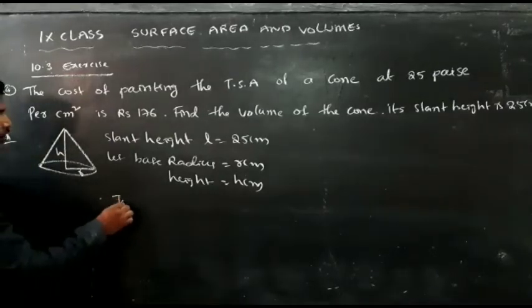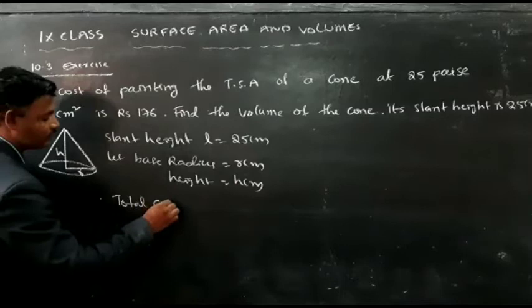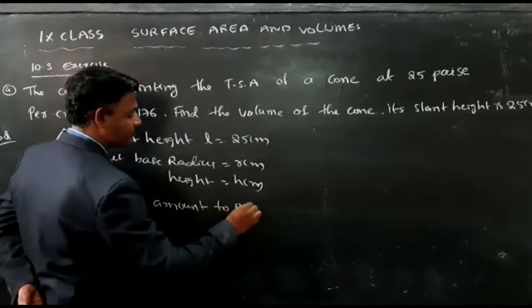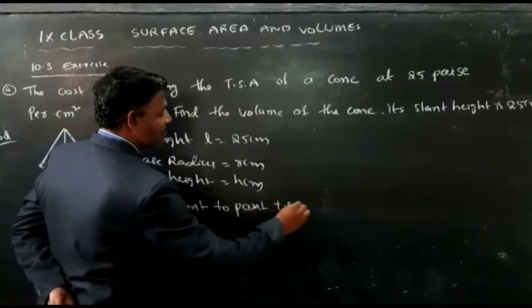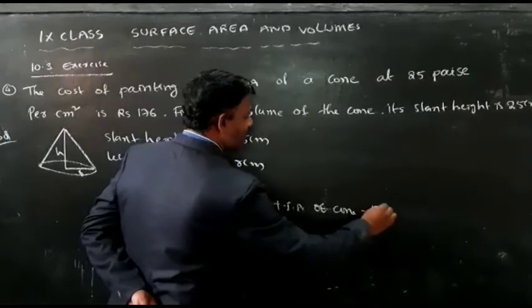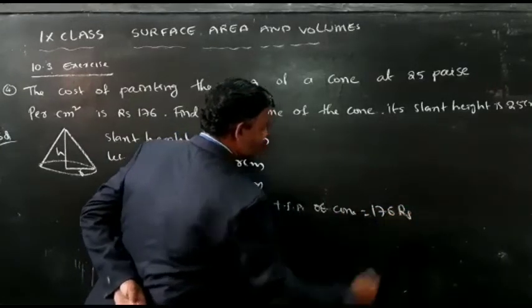What is the total amount to paint the total surface area of the cone? It is equal to 176 rupees.